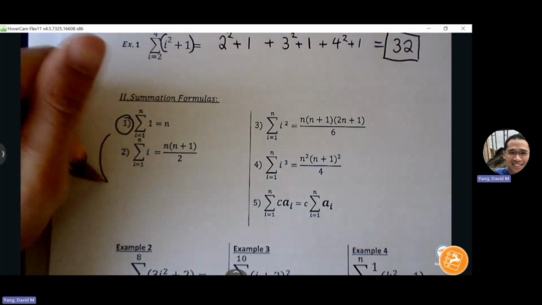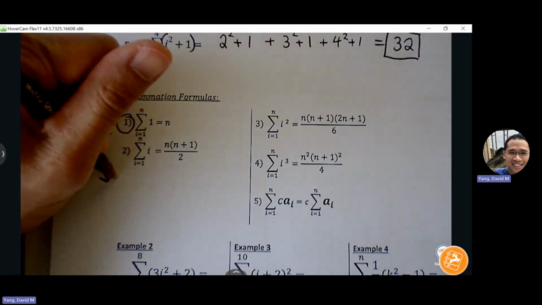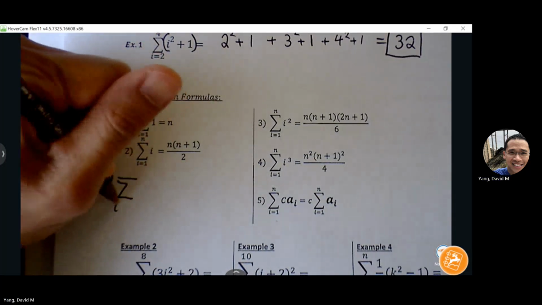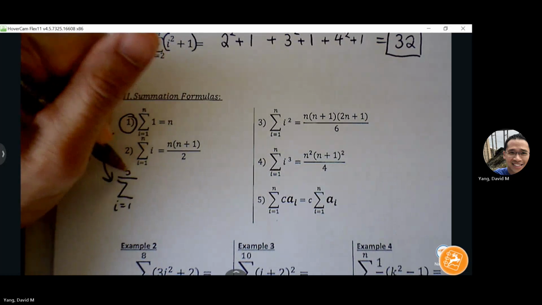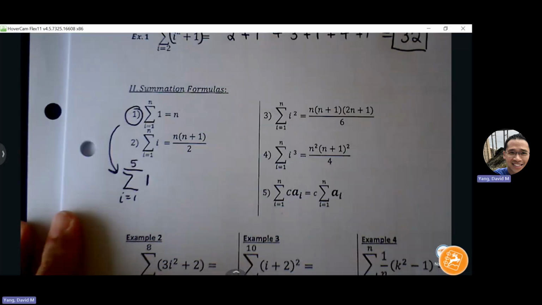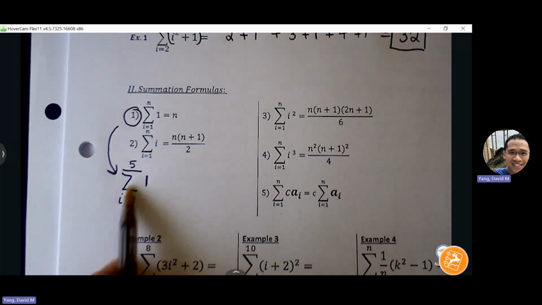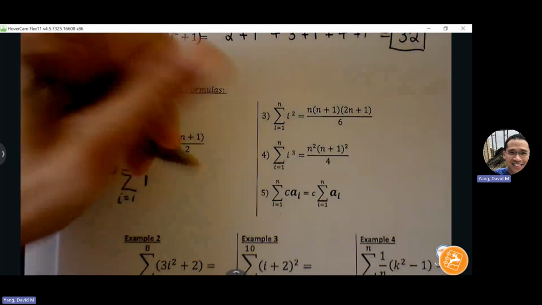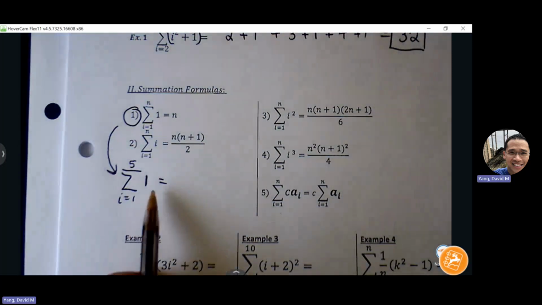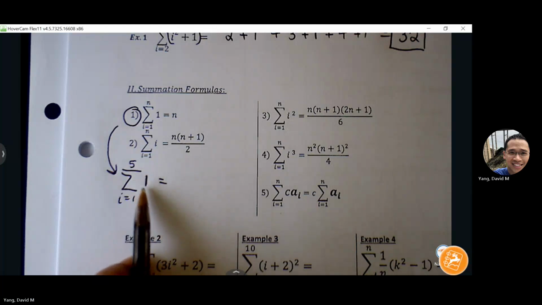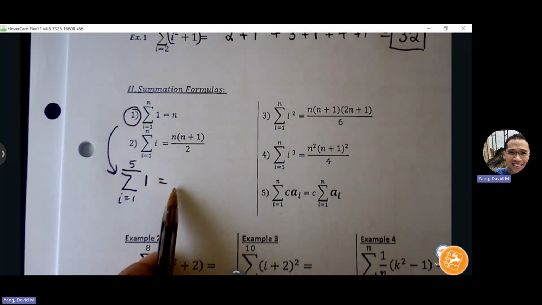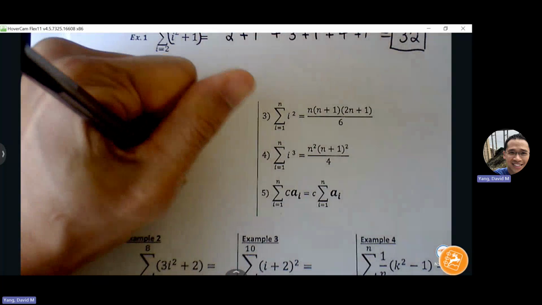Let me demonstrate how this rule can look. Here's an example. Let's say I want to go from 1 to 5, and my rule of sequence is 1. So what's the first i value that I'm going to plug in? 1, right? Is there an i value here? No. So the only thing I'm going to get from that is what? Just 1, right? Okay, so 1 plus.